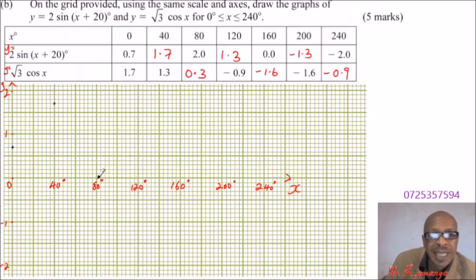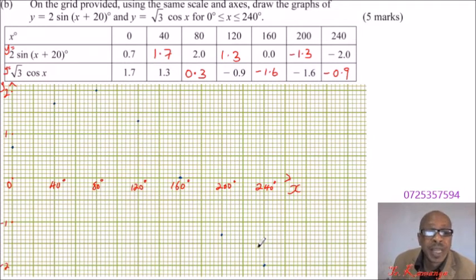When x is 80, y is 2. When x is 120, y is 1.3. When x is 160, y is 0. When x is 200, y is minus 1.3. And when x is 240, y is minus 2.